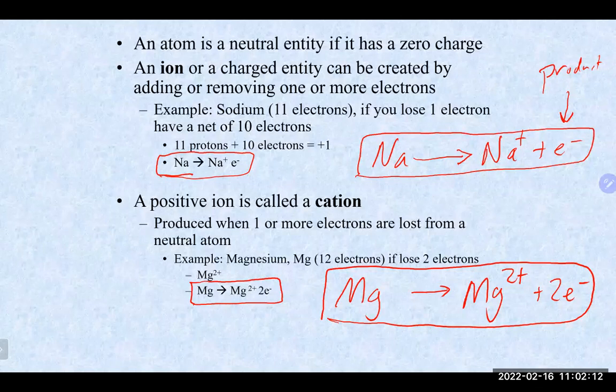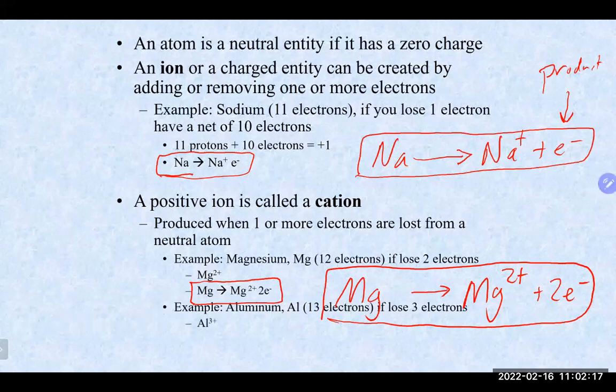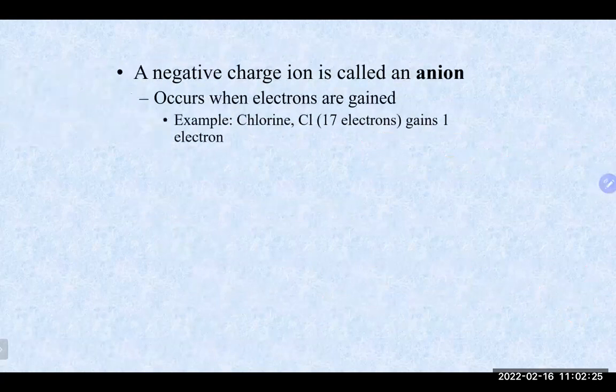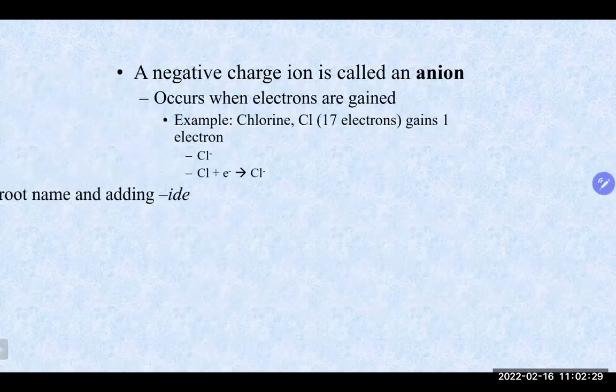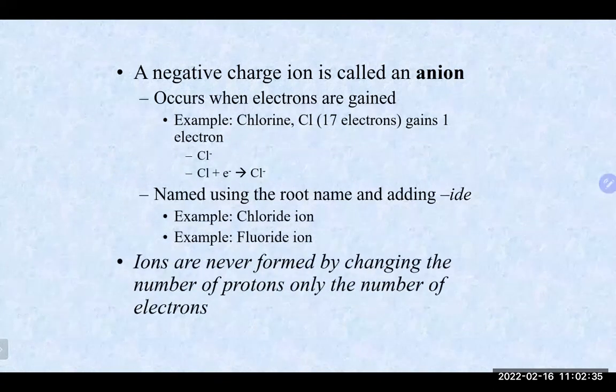Anions would be a little bit different. We would have sort of... that's obviously aluminum. We'll talk about that in just a second. But anions are negatively charged. And again, as we talked about, that is a result of them gaining electrons. And when they do gain electrons, obviously, as we talked about a little bit earlier, they have basically more negatively charged electrons than positively charged protons, hence the extra negative charge.